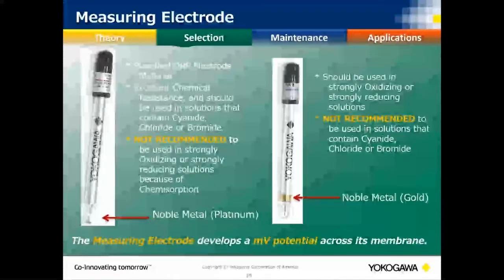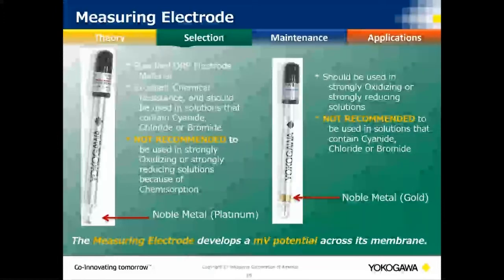So here's the measuring electrode. Most commonly used now is platinum, but there are some applications where gold will be preferred because of an effect called chemisorption.